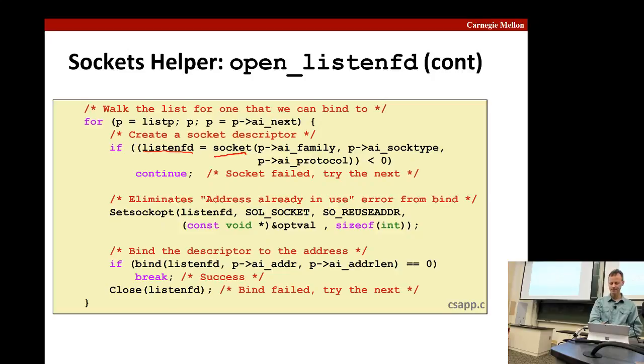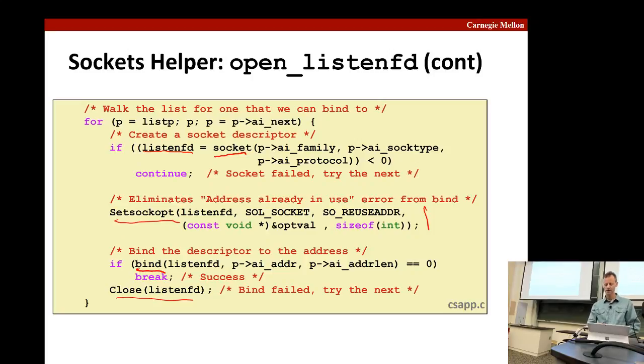Otherwise, there's a setting for technical reasons, not that important. This is useful because it eliminates the address already in use error from bind. But getting back to the main storyline, then you try bind, and if you're successful, then you're good to go. Otherwise, you close that file descriptor and try again.